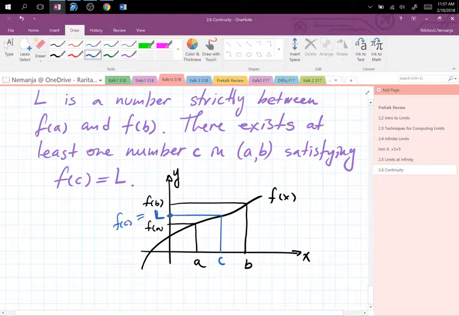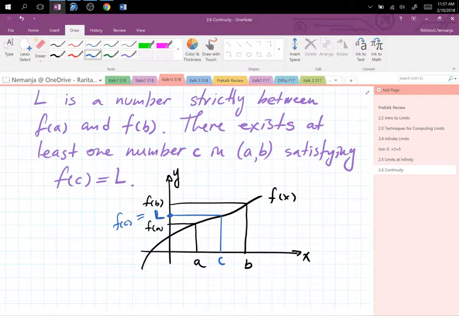Intermediate value theorem. So you have this a and b on the sides, and if the function is continuous, and there is a number that you can locate between f of a and f of b, there has to be a c between a and b that made that L. Does this make sense visually?